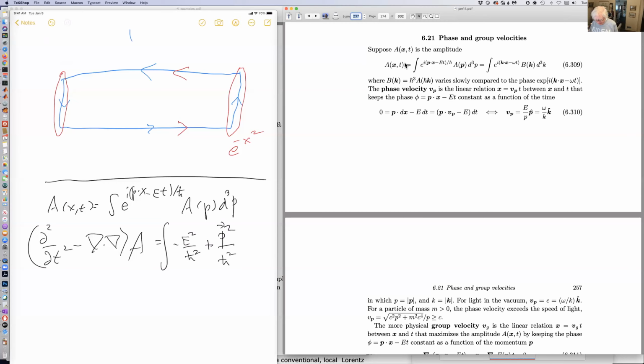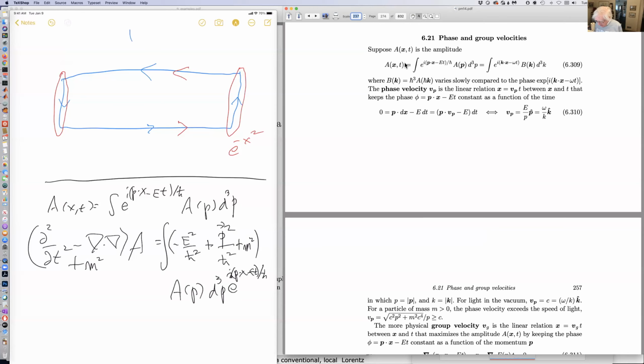And I just wonder whether my units are not quite right. And we also want to add in a plus m squared. So that's the mass of the field. So we have plus m squared times A of p d^3p times this phase factor e to the i (p dot x minus Et) over h bar.